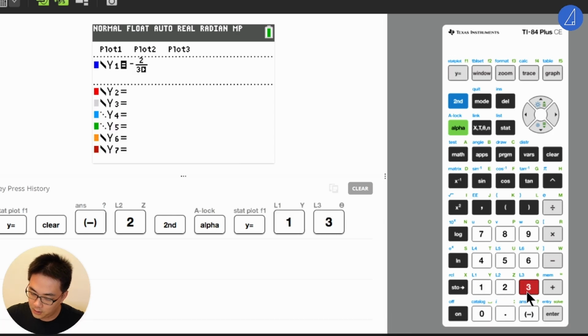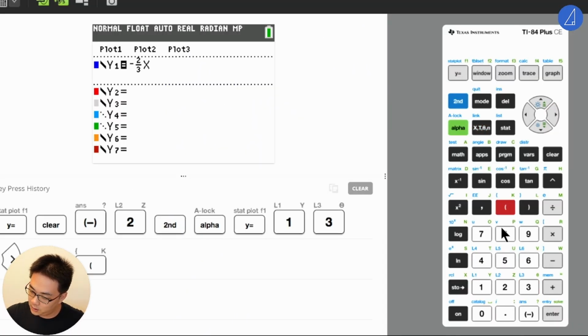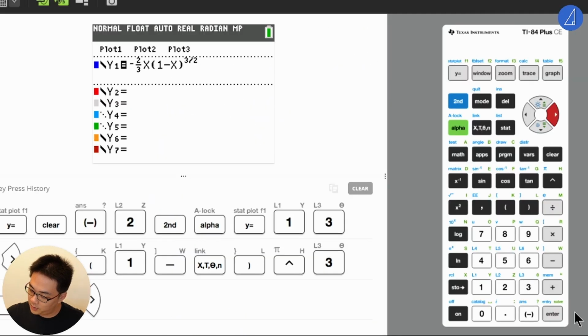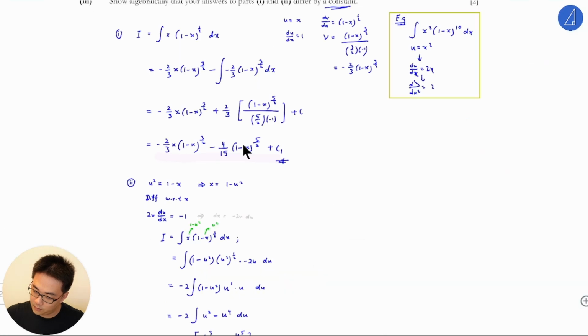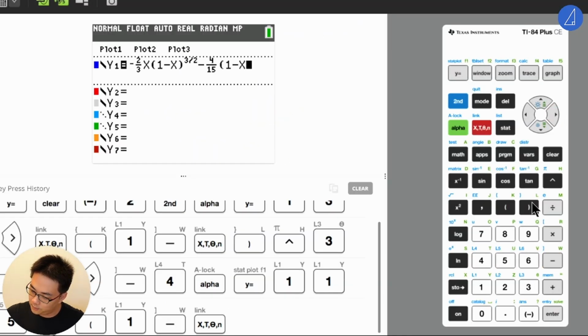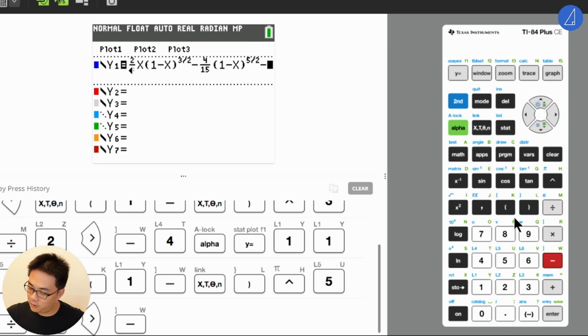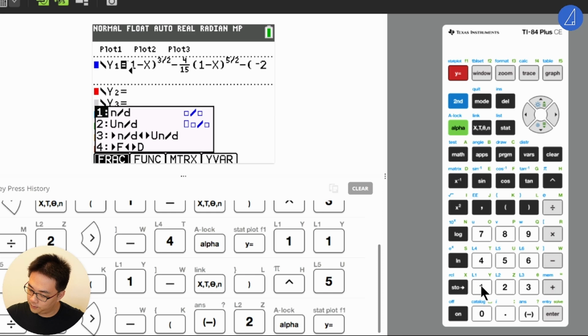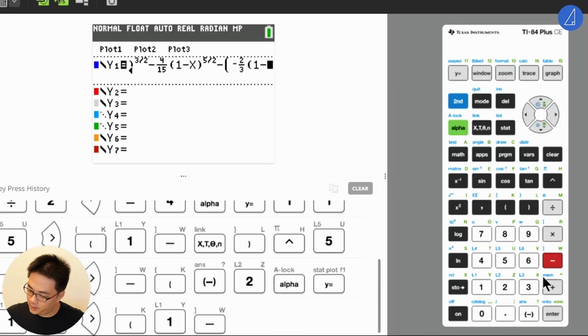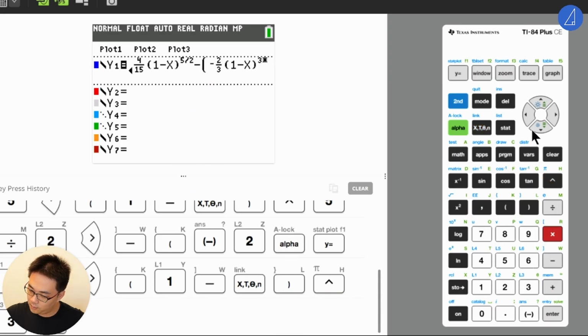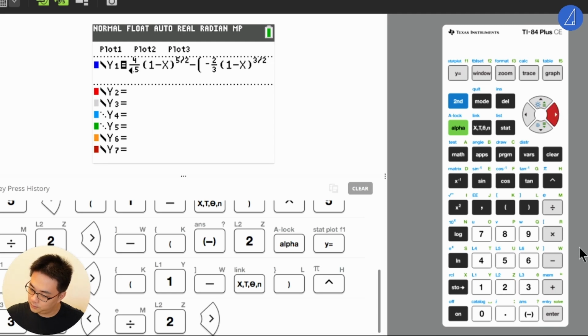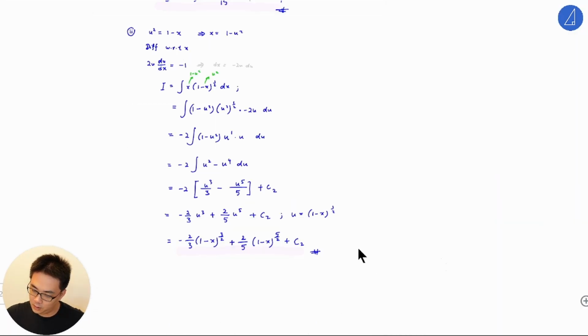I'm going to key this one here, x, then minus 4, then you minus off the one below, minus negative 2 over 3, 1 minus x, then you just pass, 1 minus x.